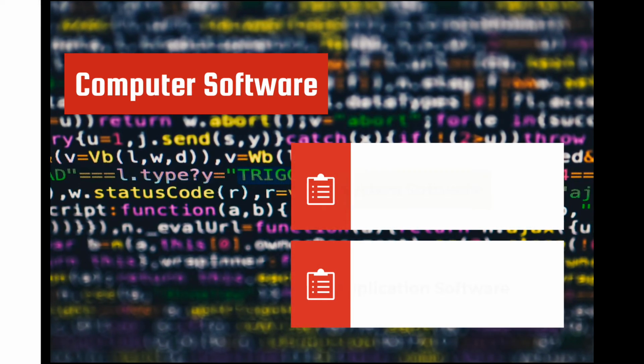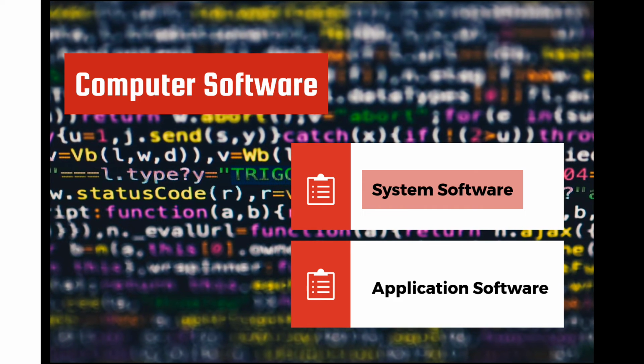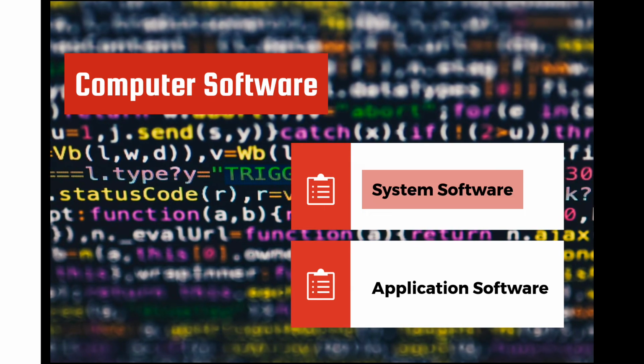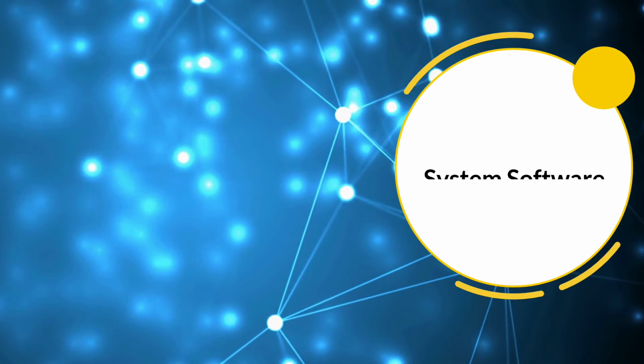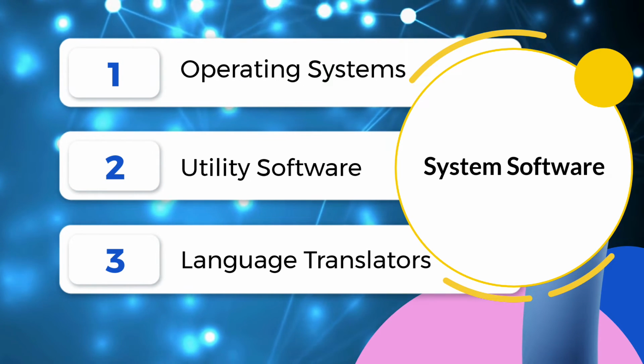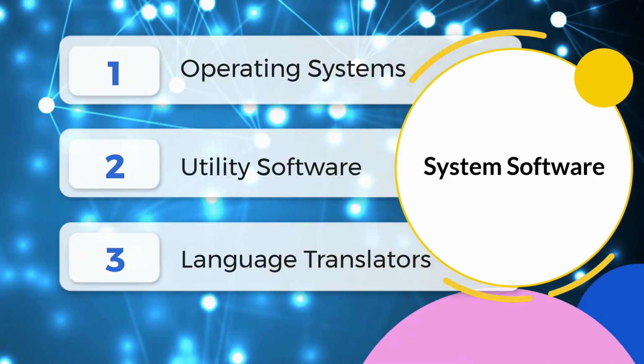Let's learn the first category of computer software, that is system software. System software can be divided into operating systems, utility software, and language translators.